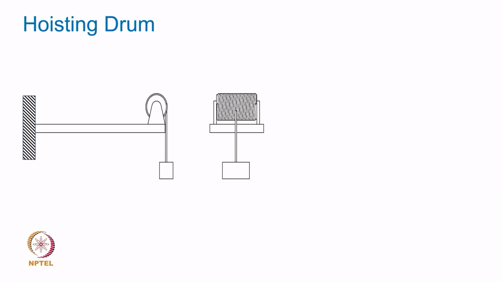We discussed a hoisting drum problem where this platform which houses a winch or a pulley system here, a motorized pulley system here, operating a wire rope so as to lift a weight. Okay.